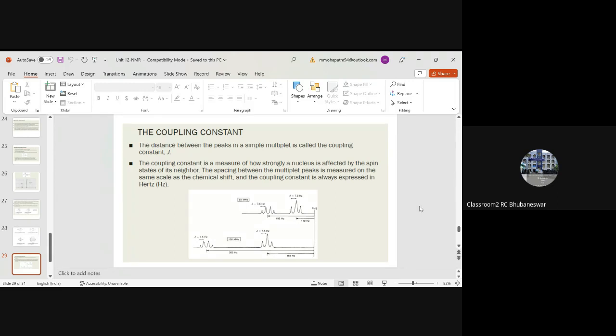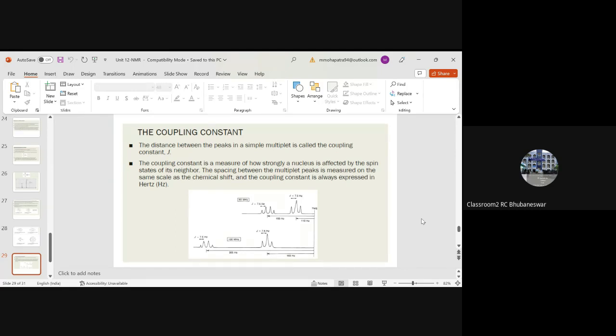So coming to the coupling constant: the splitting is there, but what is the coupling constant concept? The distance between the peaks in a simple multiplet is called the coupling constant, J. The coupling constant is a measure of how strongly a nucleus is affected by the spin states of its neighbor.